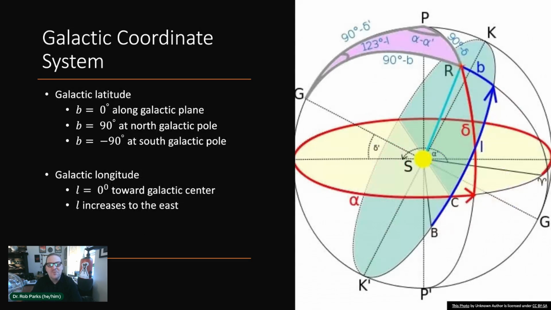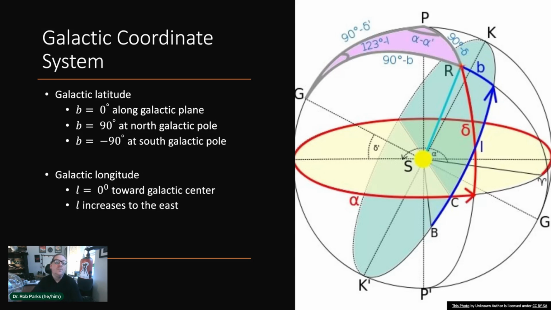galactic coordinate system. Again, this is defined as the plane of the galaxy as marked out by the sun's orbit around the galactic center. And so galactic latitude is 0 anywhere along that plane. If you're north of it, in the same sense as the solar system, you are at positive values all the way to the North Galactic Pole, which is perpendicular to that plane at 90.